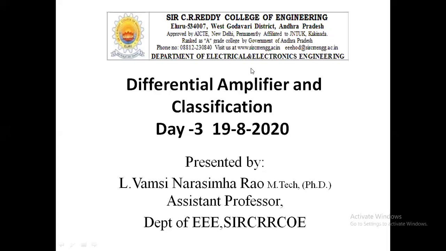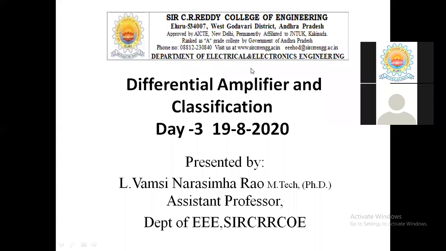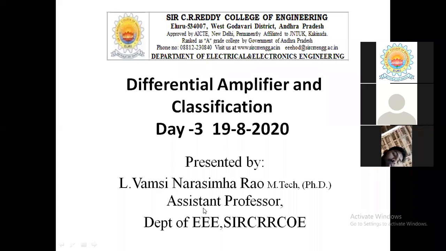By using that output voltage V naught, we will define a common mode voltage signal V suffix CM and the common mode voltage gain, and we will define the differential voltage V suffix D and the differential voltage gain. So let us go through the operational amplifier once again, and we will conclude this today.